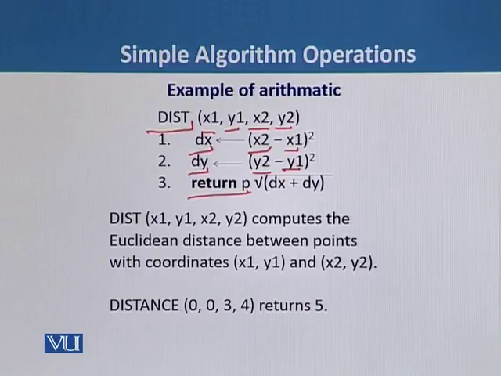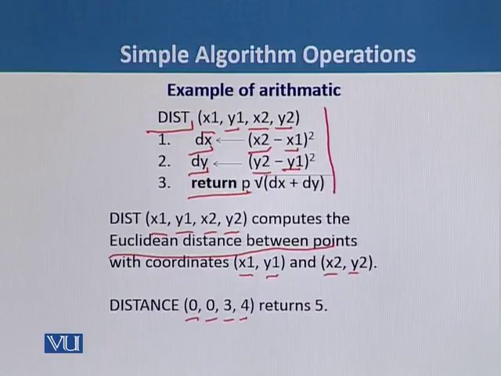So in this we can see that the algorithm computes the Euclidean distance between points with coordinates x1, y1, x2, y2. And if we have a real problem with four integers 0, 0, 3 and 4, and we use this algorithm, we will get the answer 5.